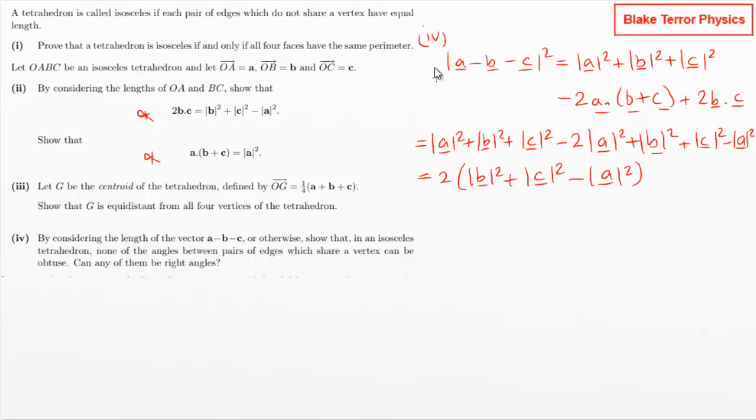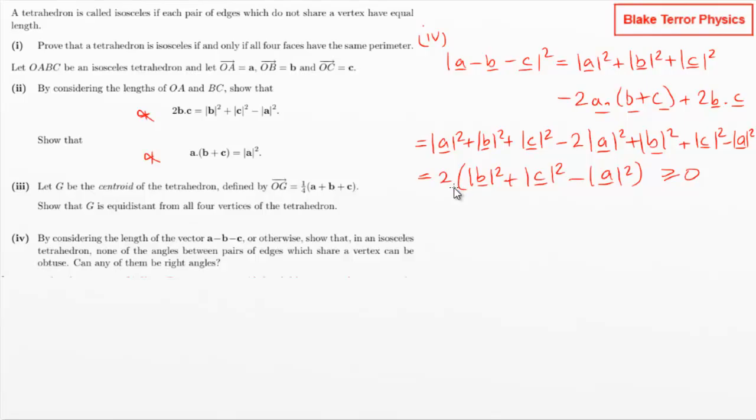So we've got something to do with this length, or at least the square of the length, and show that none of the angles between pairs of edges which share a vertex can be obtuse. So how is this working? What have we got here? Well, this thing's got to be positive, or at least it could be equal to 0, but it can't be negative.